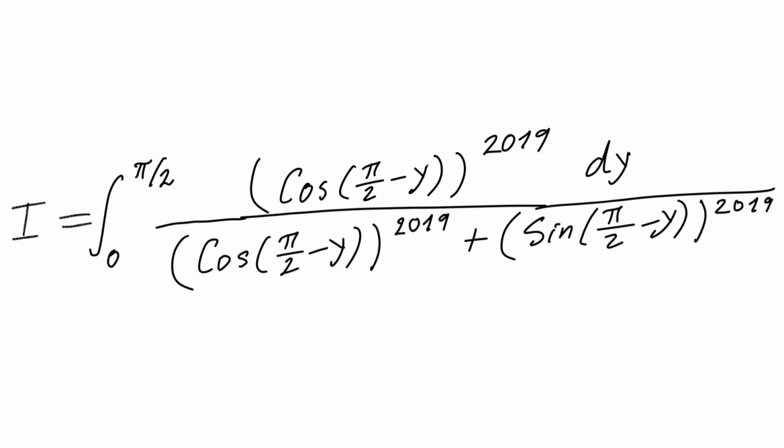So here we do some things. First, we change the order of integration. Now it is from 0 to pi divided by 2. Also, dy doesn't have the minus sign that it had previously, for the reason explained. Additionally, we have put cosine of pi divided by 2 minus y and all this term to the 2019. What is the idea?